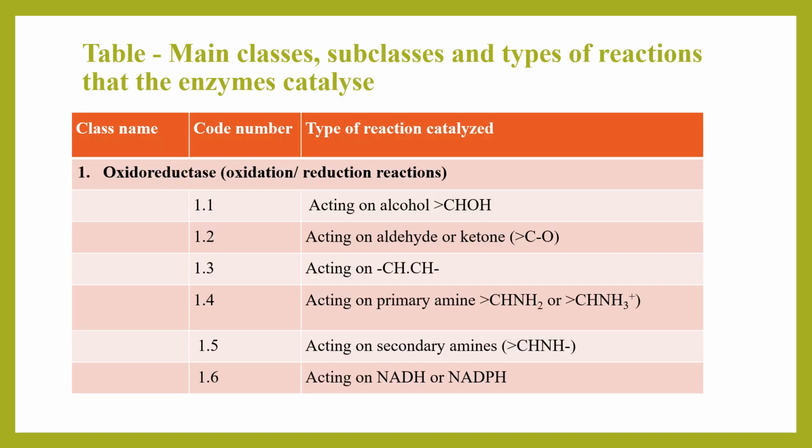Let us now study the first main class, oxido-reductases. These are involved in oxidation and reduction reactions. We have subclasses also. 1.1 indicates the main class 1, that is oxido-reductase, and the next digit is the subclass. These act upon the alcohol groups. 1.2 acts on aldehydes or ketones.